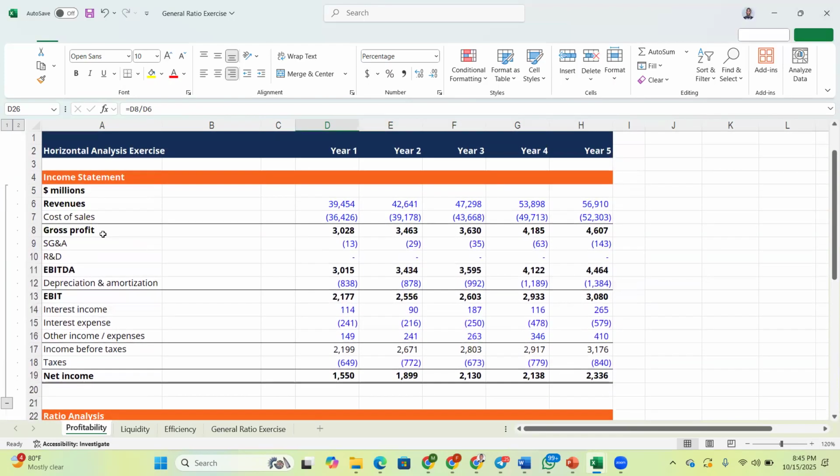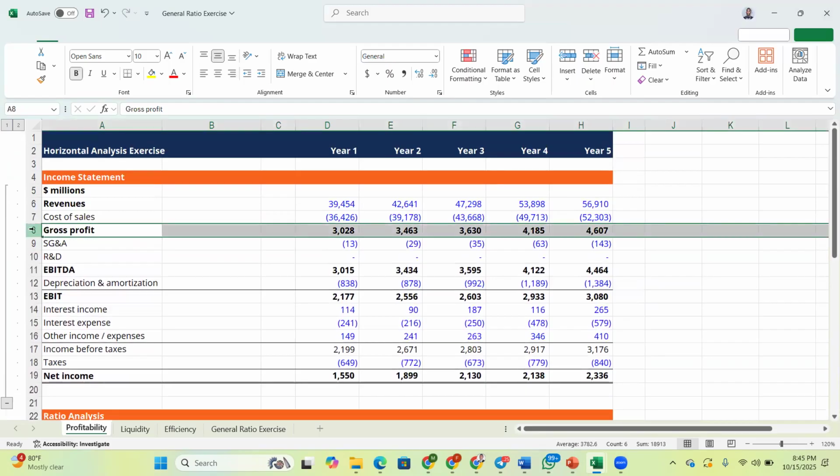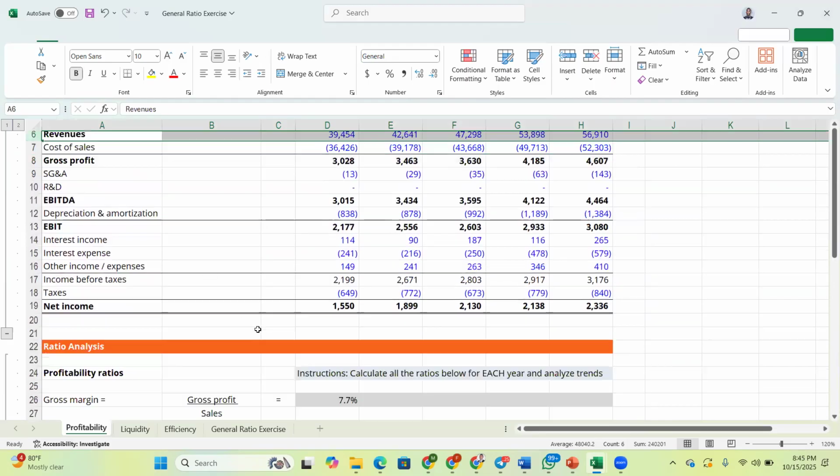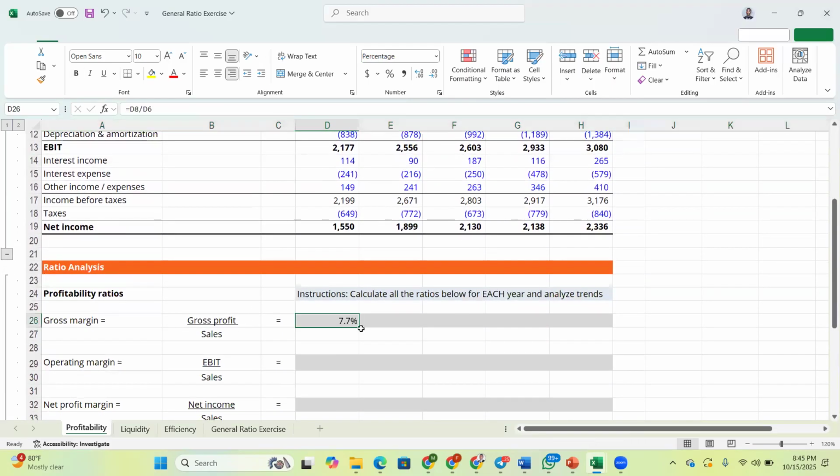Since all the gross profits are on the same line for each year, and the revenue on the same line for each year, what I'll just do is drag this to the left. I can say Control C and paste using Control V. That's number one way.